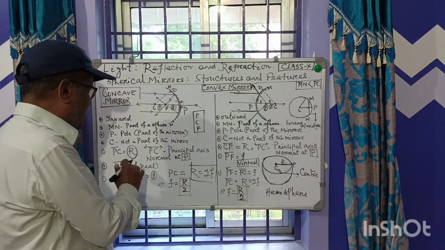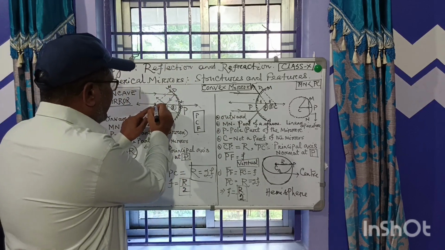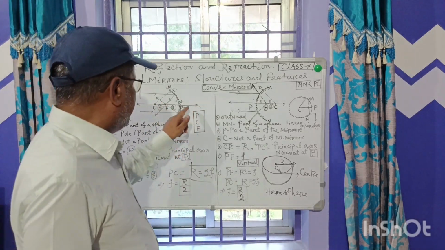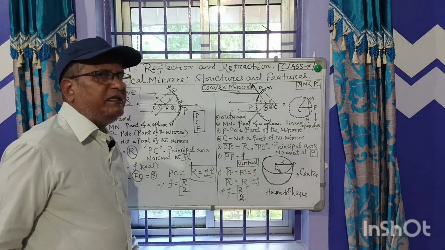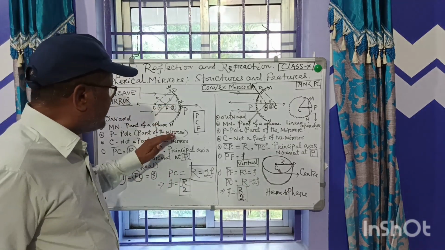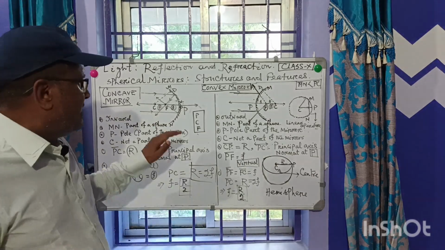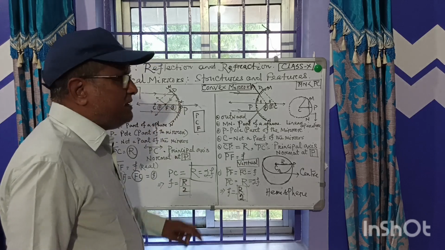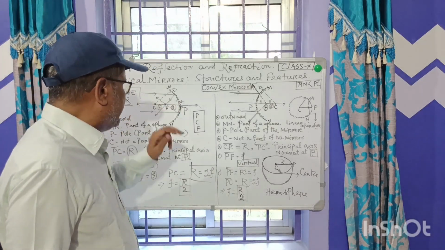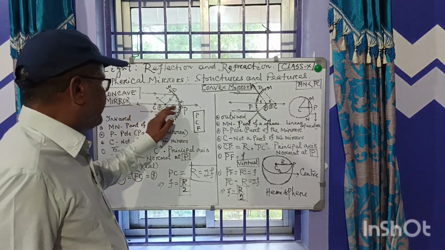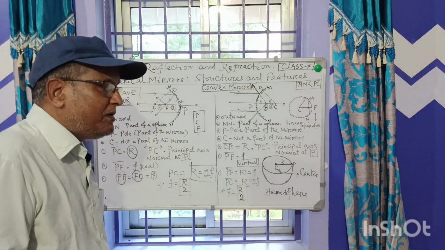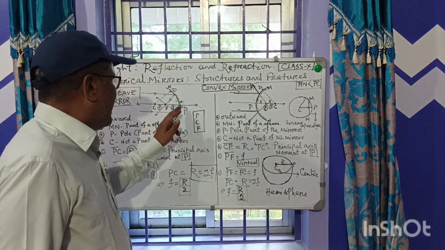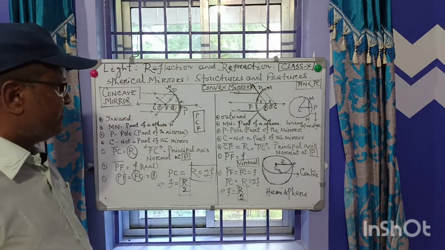Now look, if we extend PC to make a straight line, this PC straight line is known as the principal axis of the mirror. This is very important. This principal axis PC is otherwise called the normal at the point P of the mirror.